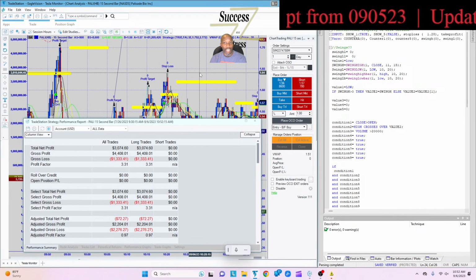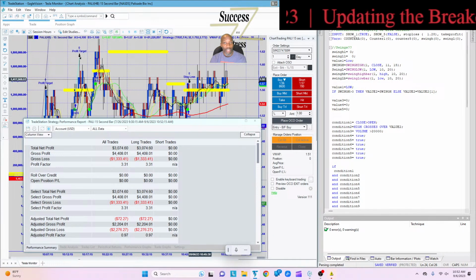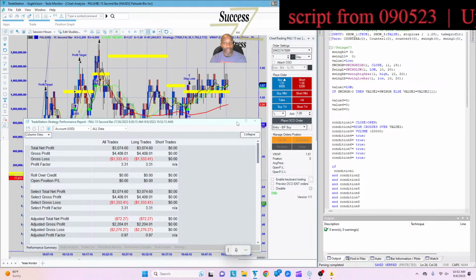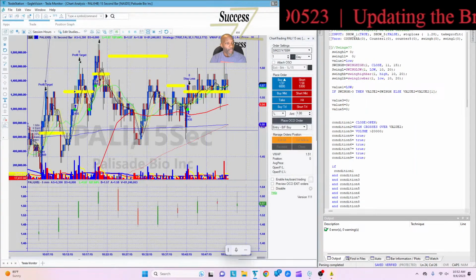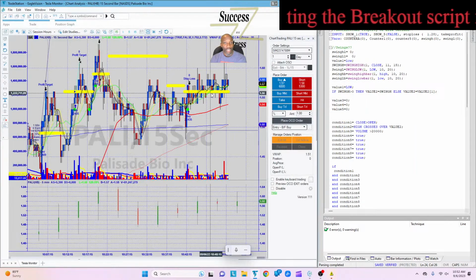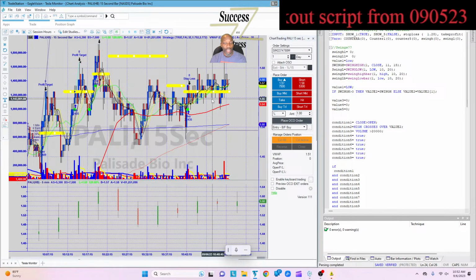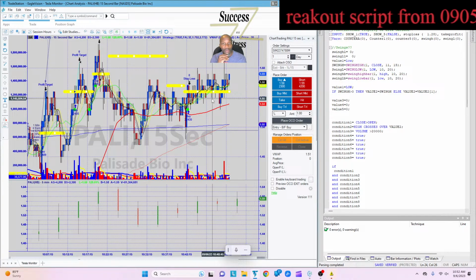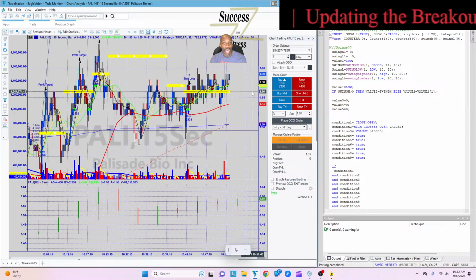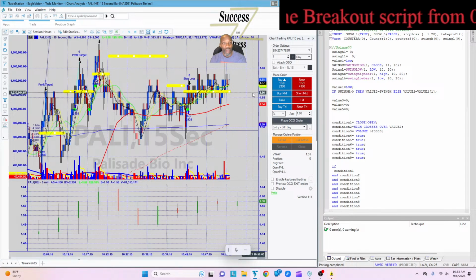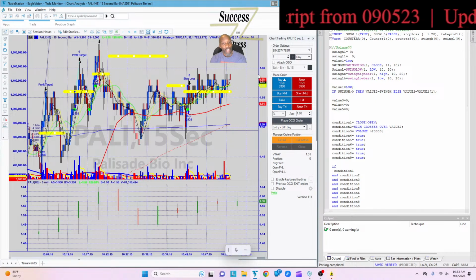But I'm just going to let this run for a bit and see what it gives. Take this to another screen. It doesn't have a swing high to break over right now because it's already over it. So it'd have to wait until it makes another swing high, comes down, and then starts to break back over it before it'll be ready to take another trade.